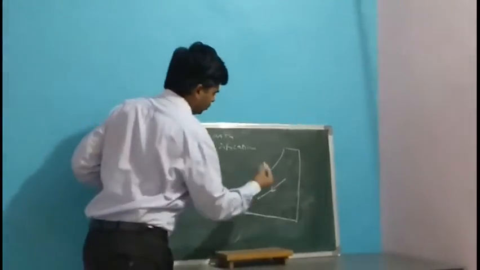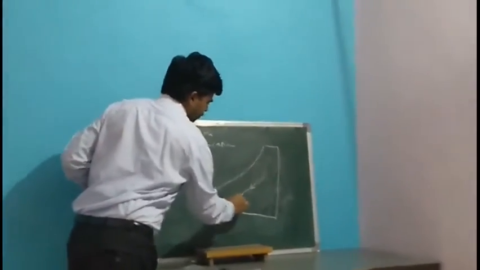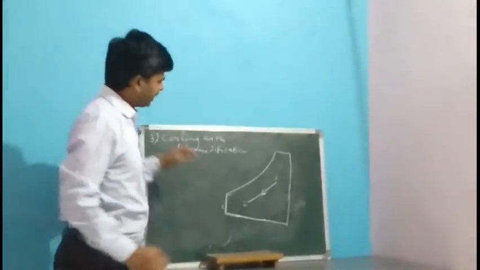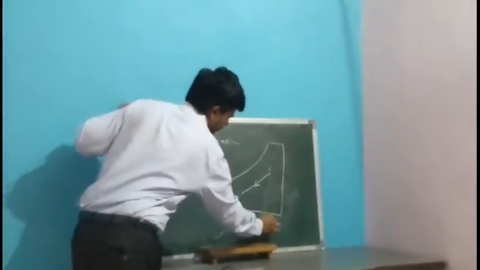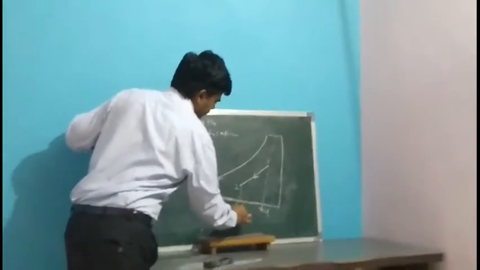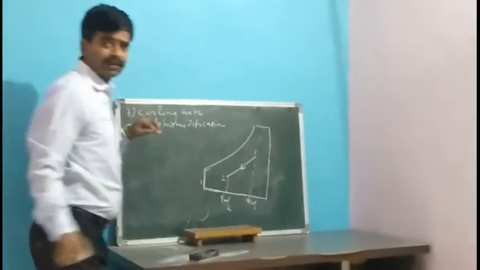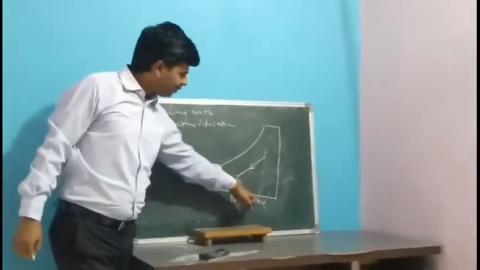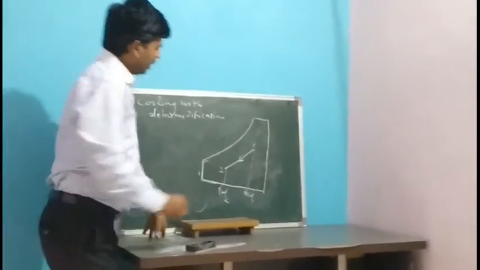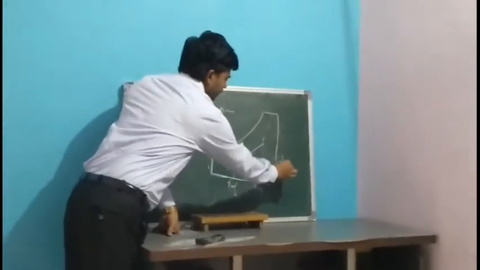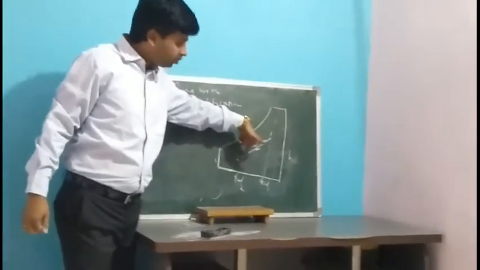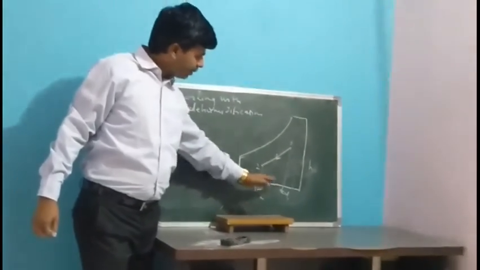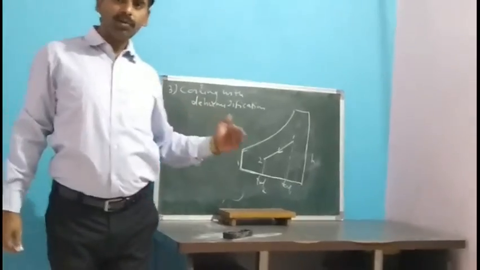Suppose this is point 1 and this is point 2. This is TD1, this is TD2. The dry bulb temperature is decreasing from TD1 to TD2, and the specific humidity is decreasing from W1 to W2.